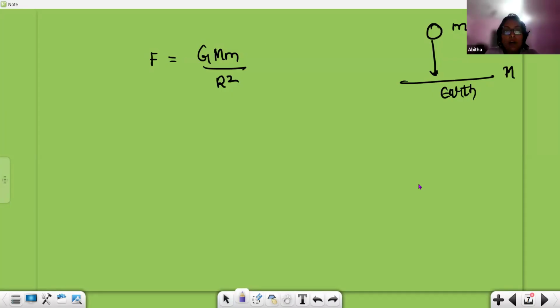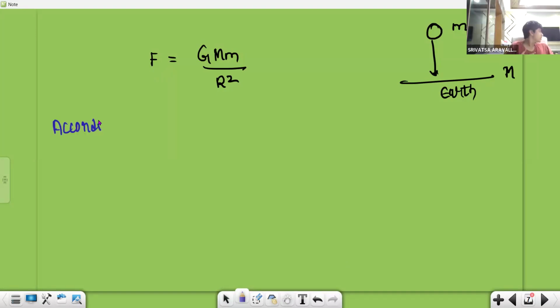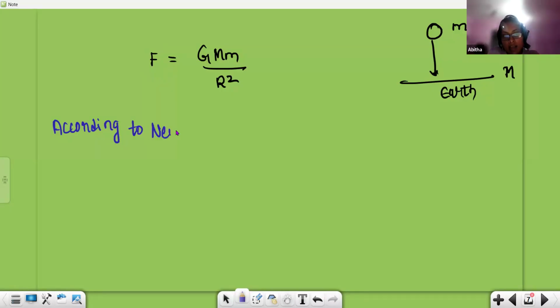In that law, what is the formula for F? It will be GMm by R square, but that is the formula based on the universal law of gravitation.